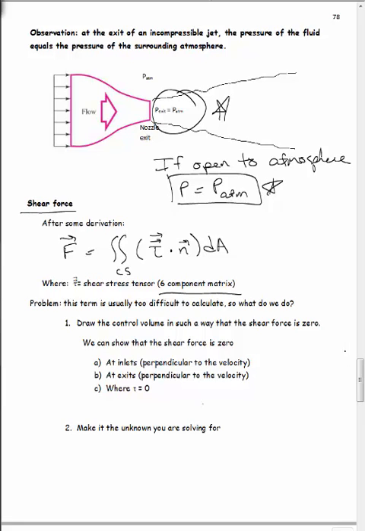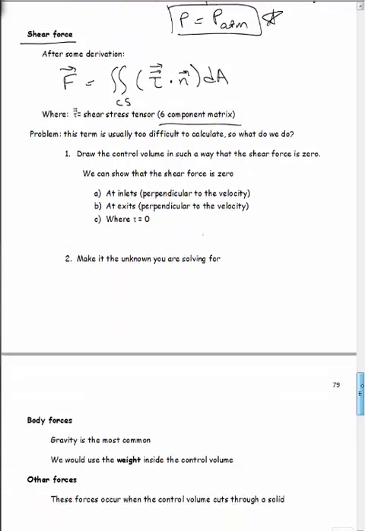So what we want to do is avoid it, and the way we normally avoid it is draw our control volume so it's perpendicular to the velocity, or out in the air where there is no velocity. The other option is to make it the unknown that we're solving for, and we'll actually do that at some point when we get to pipe flow.